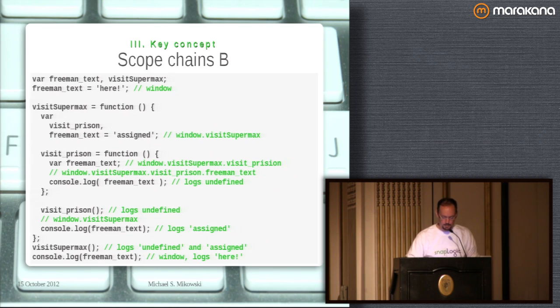Down a little later here, where my cursor is, we have this, it's also logging it, but it's logging it within the window.visitSupermax scope. Again, JavaScript looks in that scope and says, do I have a variable with that name within the scope chain? And the truth is, you do, it's up here. So it then provides that value.